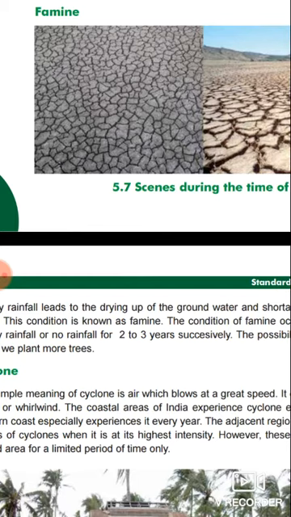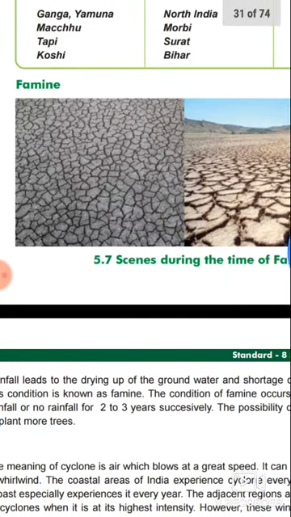What are the causes? In India, it mainly occurs due to failure of monsoons or irregular monsoons. The main causes are the uneven distribution of rainfall, environmental degradation, population growth, urbanization, and large scale deforestation.